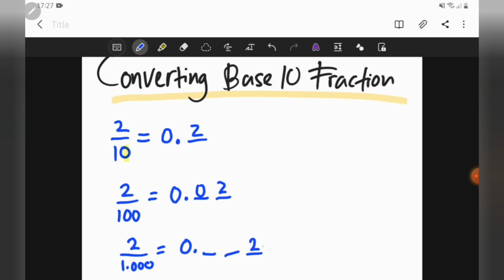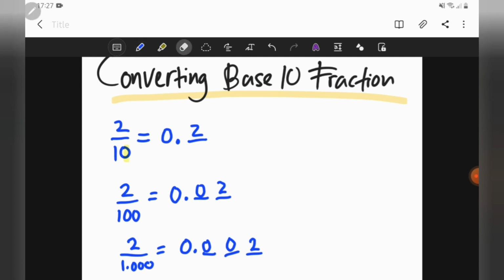So I will put 2 here and 0 at the front, 0 at the front. So the answer for 2/1000 is 0.002. That is the first example and the easiest example that you will learn.